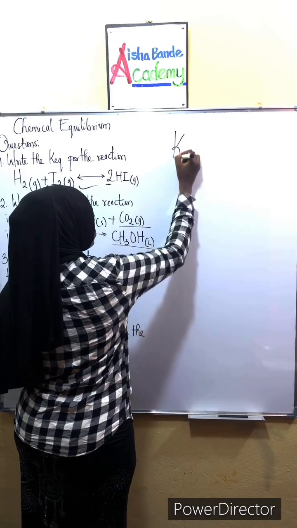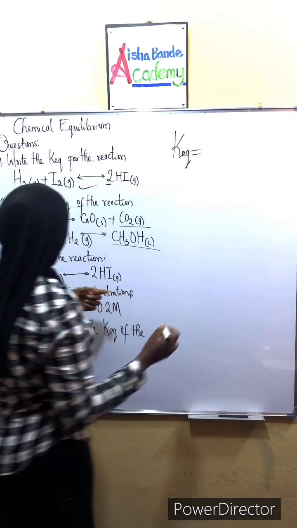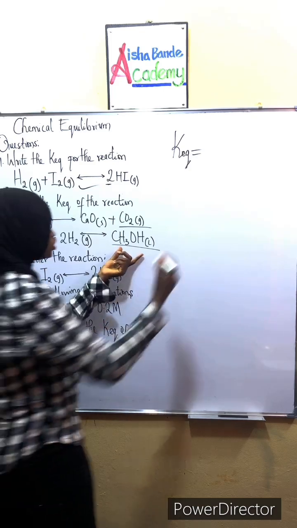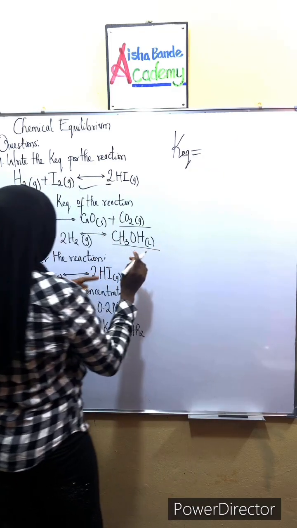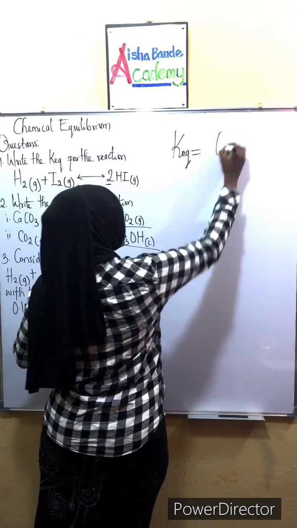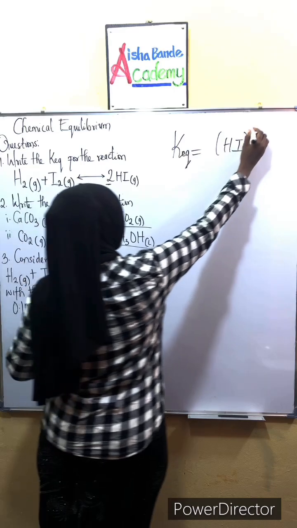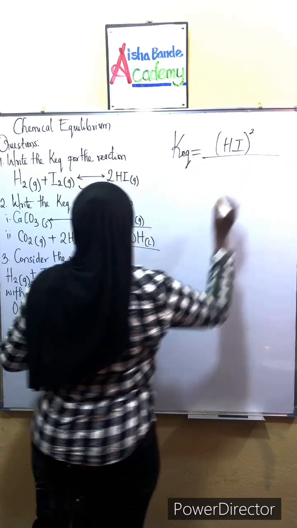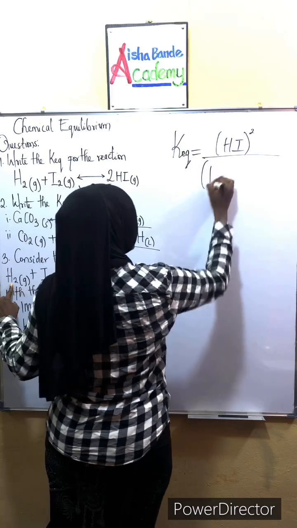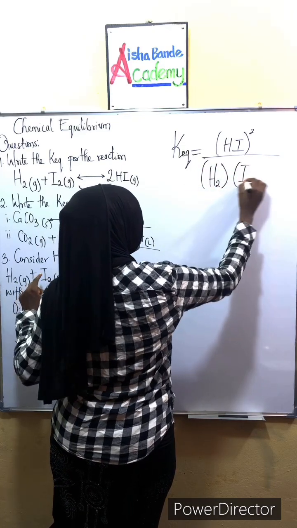Okay, so now let's write out the chemical equilibrium. So the chemical equilibrium for this reaction becomes, so let's look at the product over the reactant. So the product here, since it exists in gaseous state, becomes HI raised to the power of 2 because the coefficient here is 2, divided by, now let's go to the reactant side. We have H2. So here is H2 multiplied by I2.